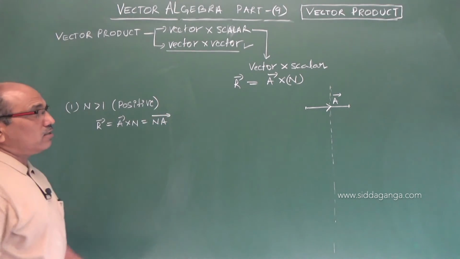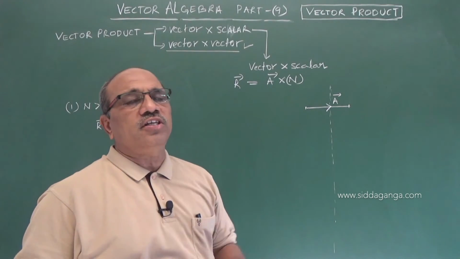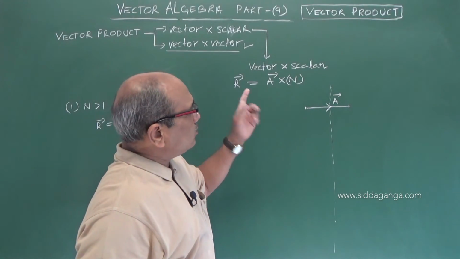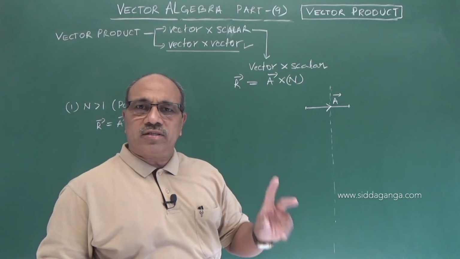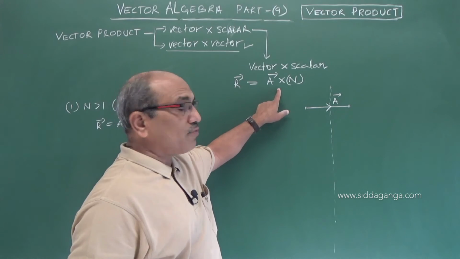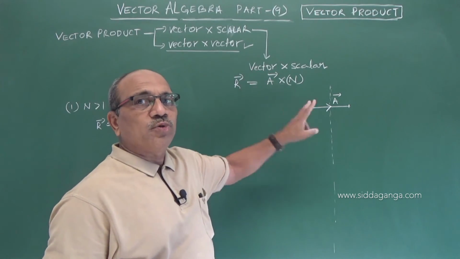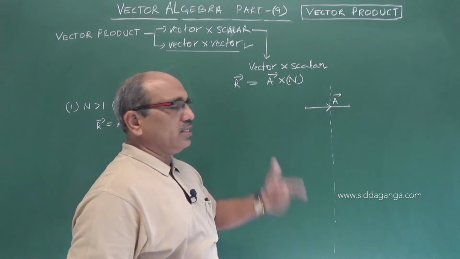See, this scalar plays a very important role in changing the nature of the vector. It can change either the direction, or the magnitude, or both of them. It can change the direction of the vector, it can change the magnitude of the vector, or it can change both. How? That we'll see here.